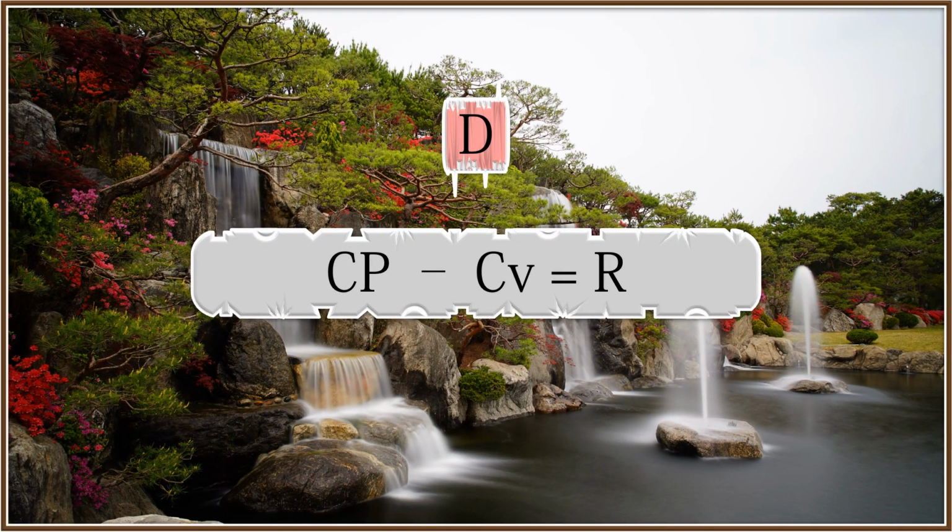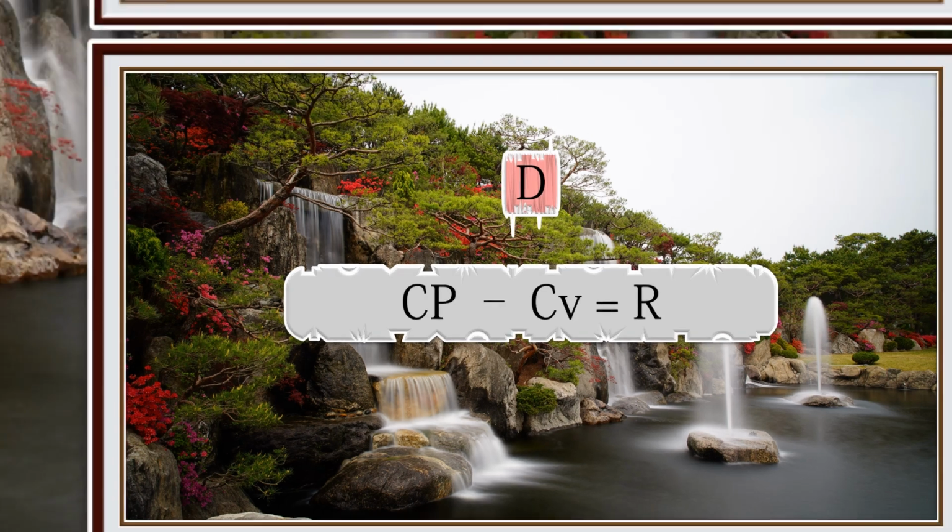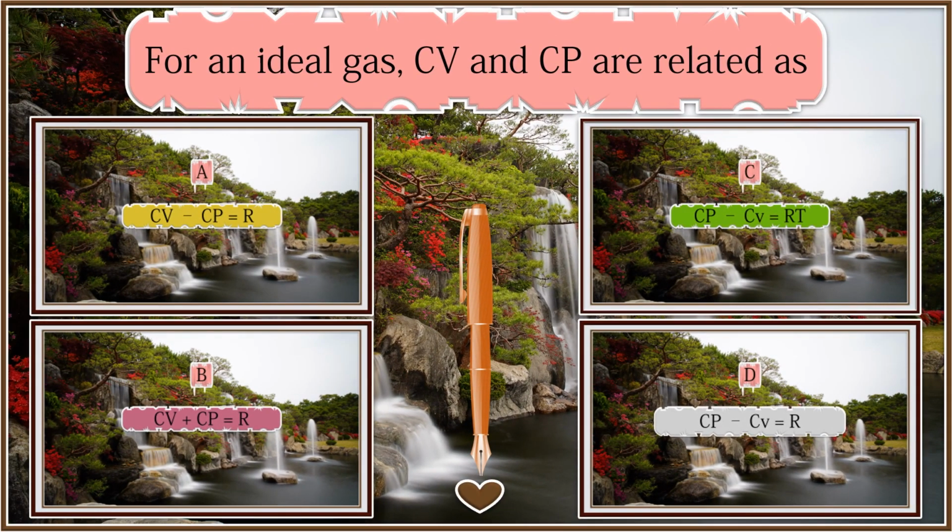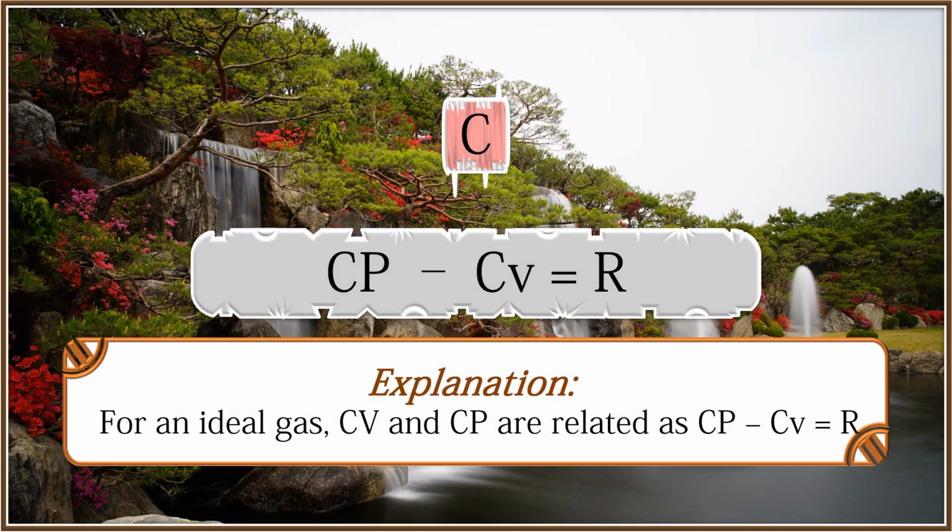Cp minus Cv equals R. And the answer is Cp minus Cv equals R. For an ideal gas, Cv and Cp are related as Cp minus Cv equals R.